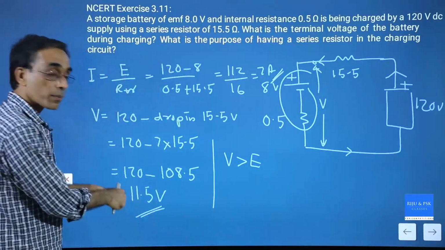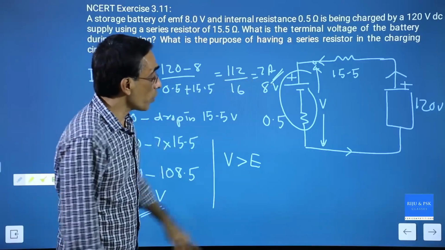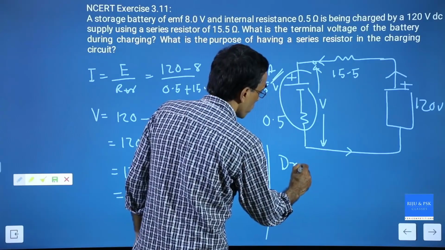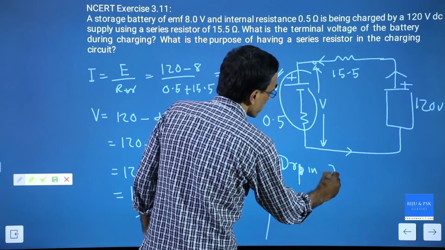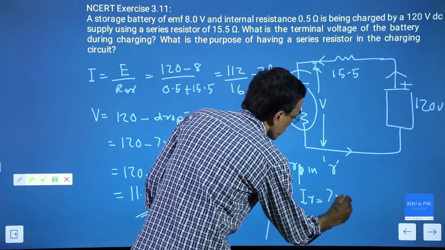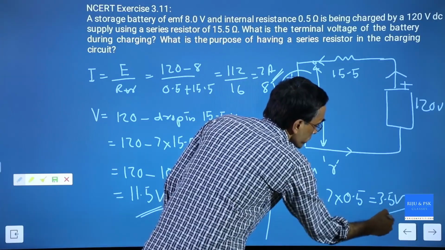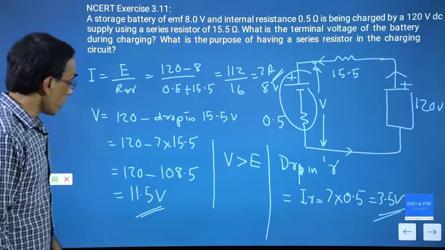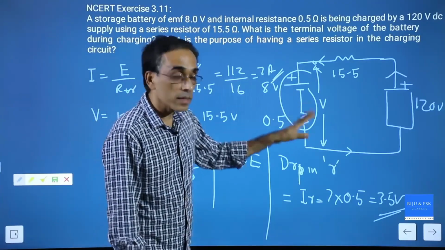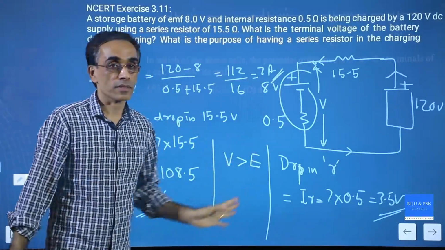You are giving 11.5 so that the cell will get 8, because the drop in internal resistance is given by I into r, which is 7 into 0.5, which is 3.5 volt. So out of the 11.5 you are giving, 3.5 volt is dropped internally and 8 volt is available for charging your cell. That's it.